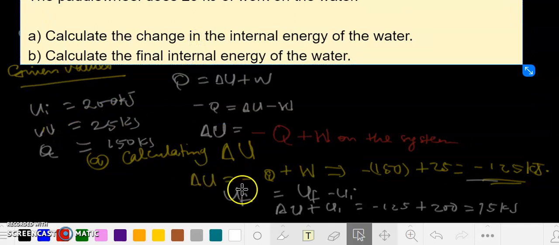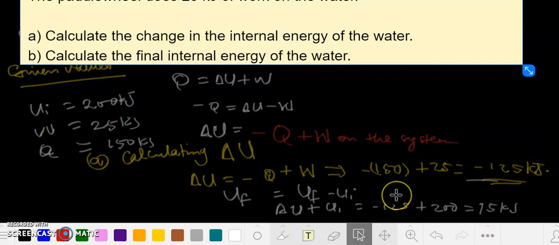So for us to calculate the final, we just take the final minus the initial. So the change in internal energy, negative 125, which we got in question A, plus 200, the initial internal energy, gives us 75 kilojoules.